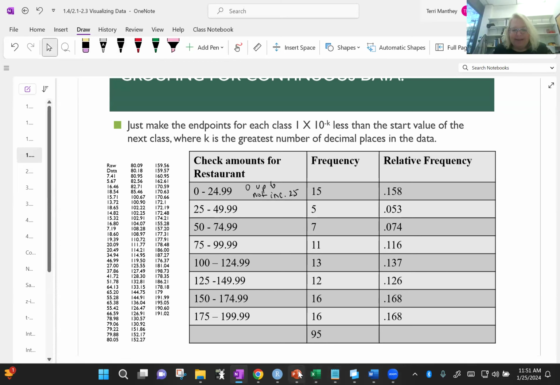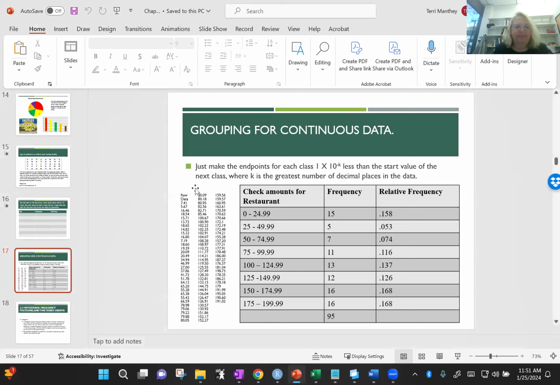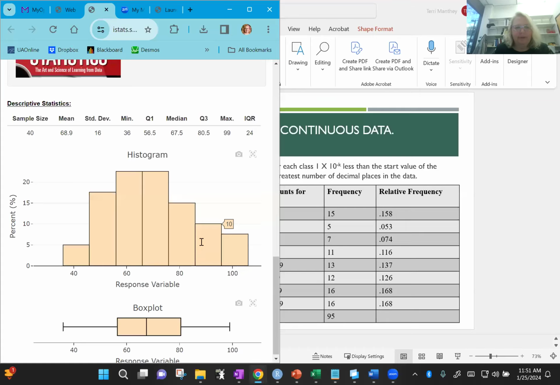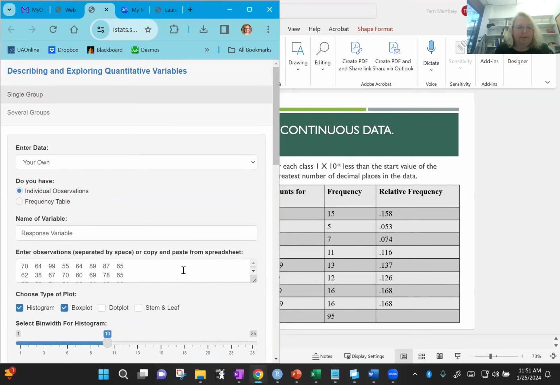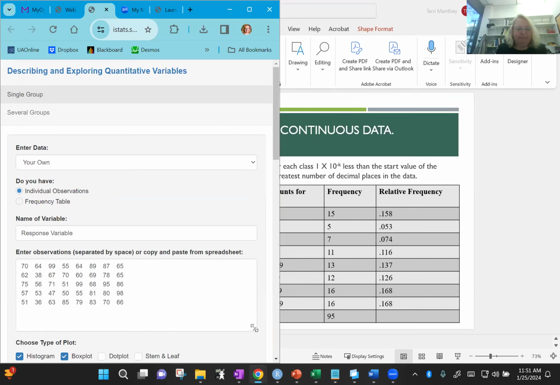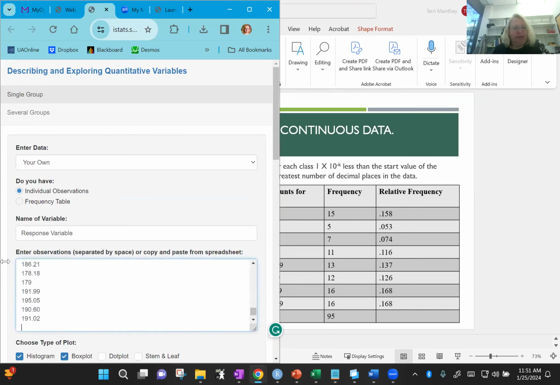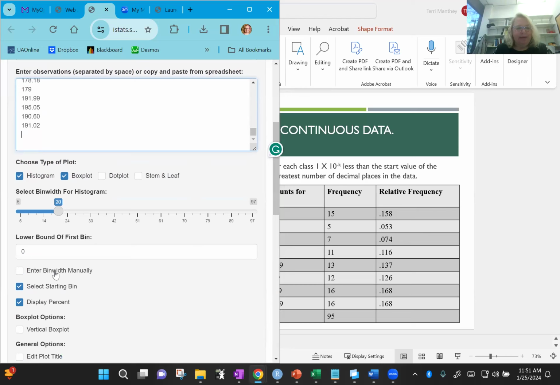So I can take this data and I go to here, excuse me, catching a bit of cold, so. All right, so there's my new data. And the lower bound of my first bin is this.